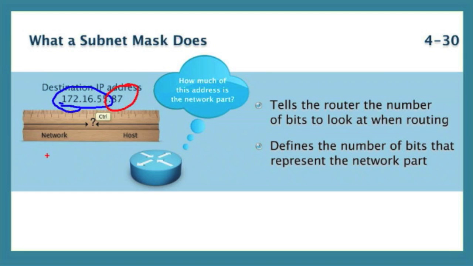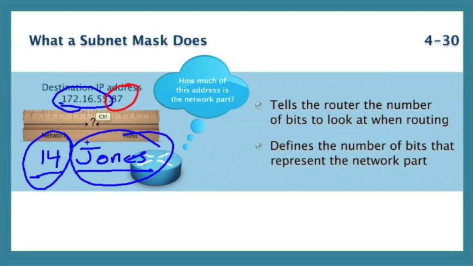Remember when I said this was like 14 Jones Street? An IP address had a street name in it and then a house number. The subnet mask makes sure we know which portion is the host number, or house number, and which portion is the street address.